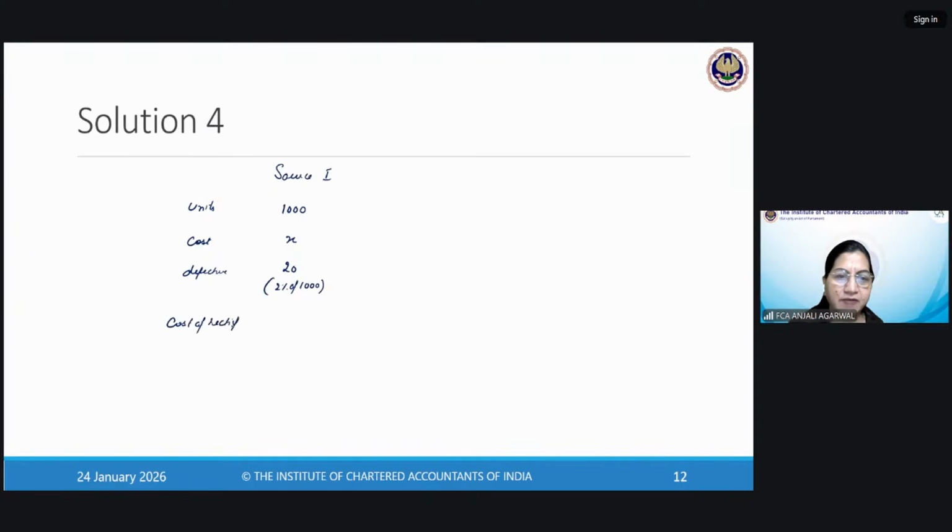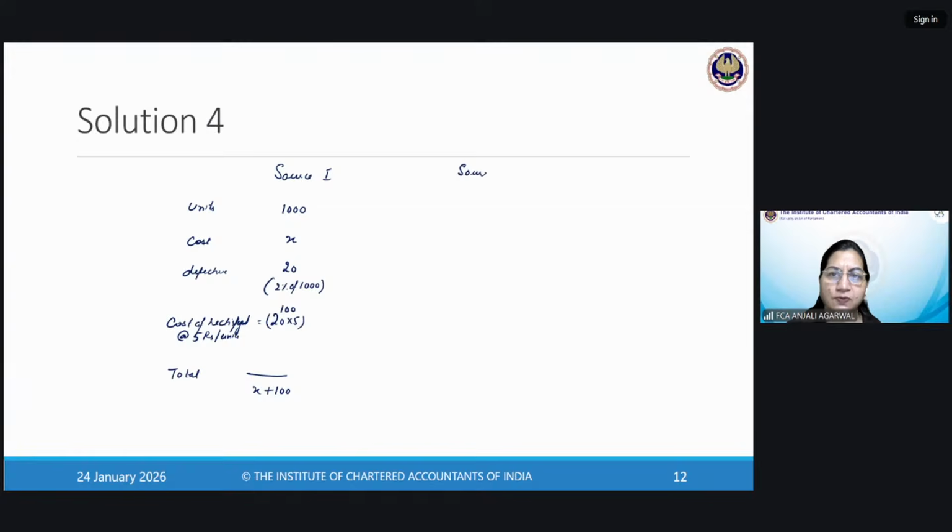Defectives is something which can be rectified. Rectifying the defectives, 20 into 5, 100, at the rate of 5 rupee per unit. Total relevant cost, X plus 100.